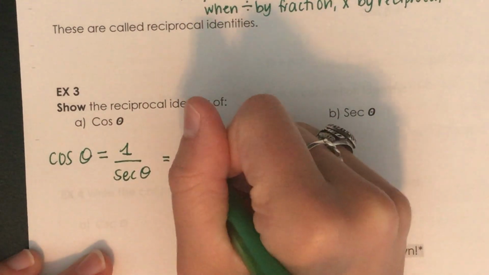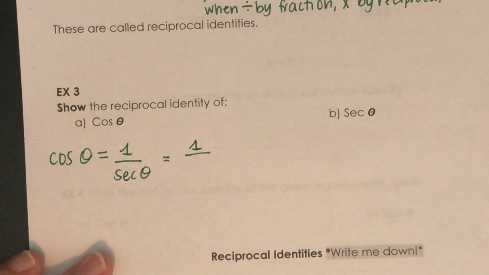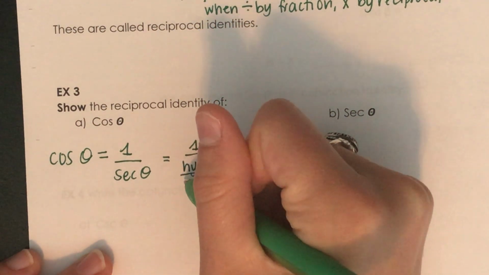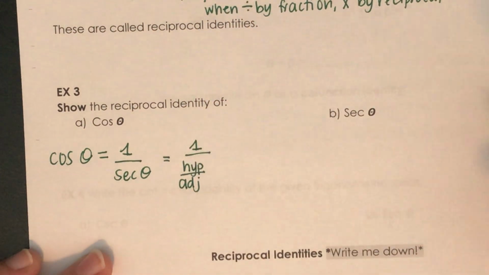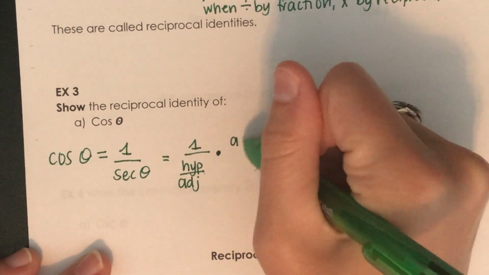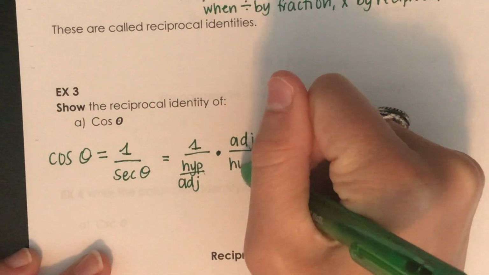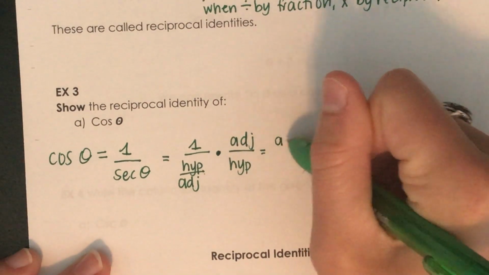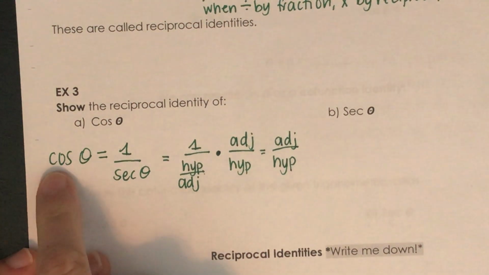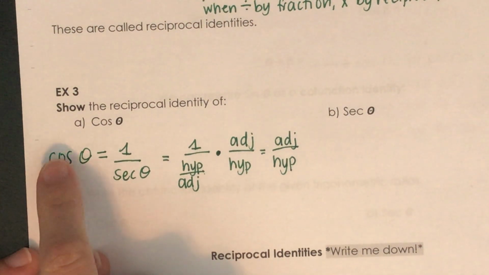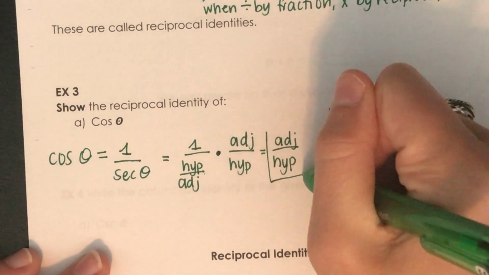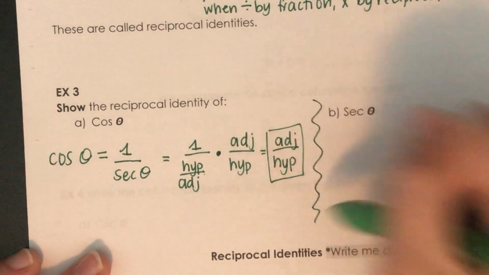Now I'm going to plug in. Secant really means hypotenuse divided by adjacent. And since I'm dividing by a fraction, I'm really going to multiply by the reciprocal. So I end up getting adjacent over hypotenuse. And cosine, SOHCAHTOA, right? The C-A-H, cosine is adjacent over hypotenuse. And I'm done. I proved it.